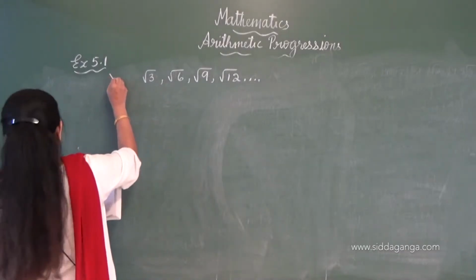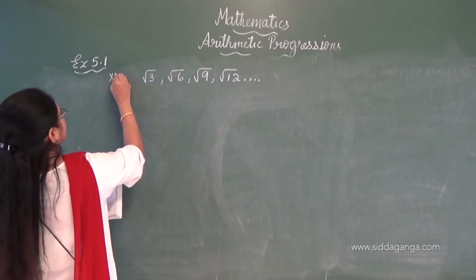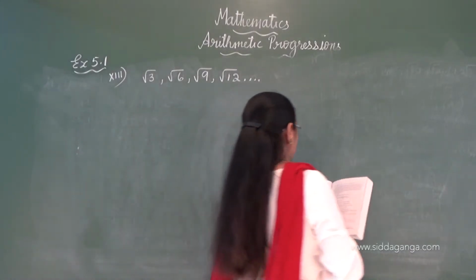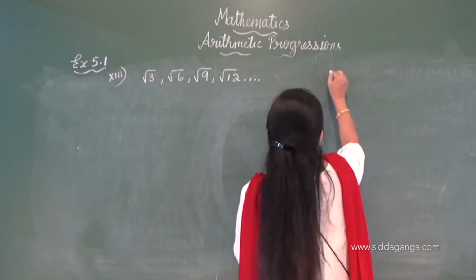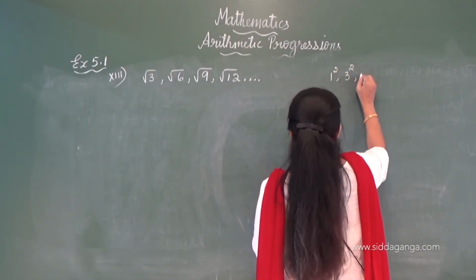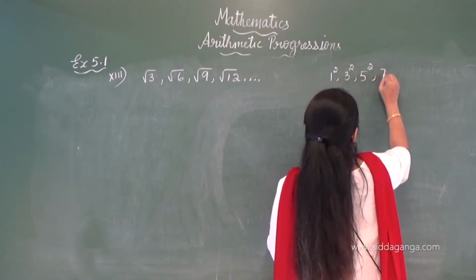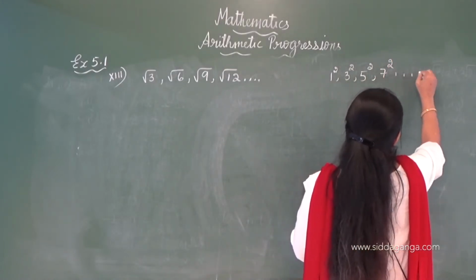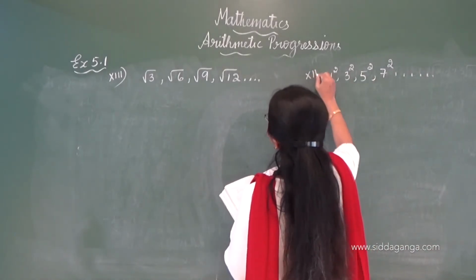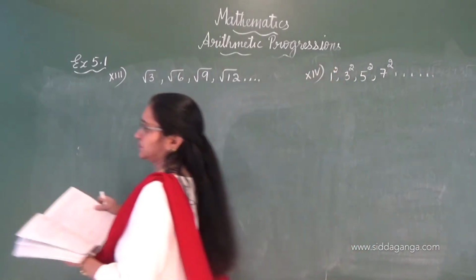Okay, it is the 13th one. Okay, one more: 1 square, 3 square, 5 square, 7 square. This is the 14th one.